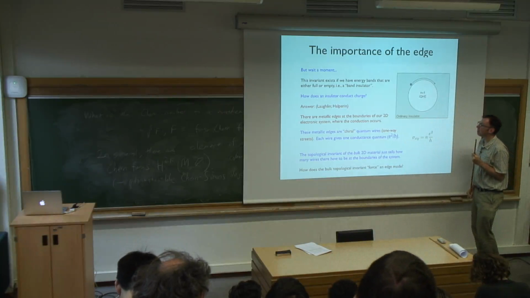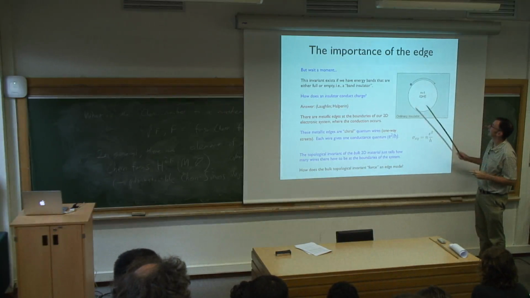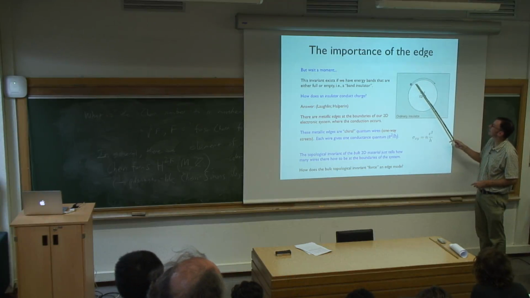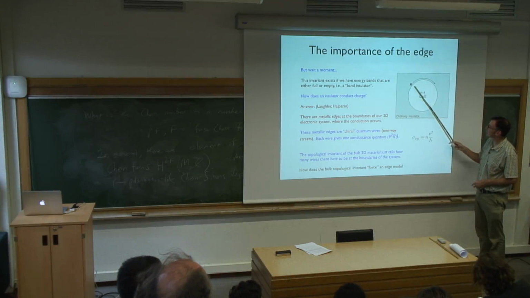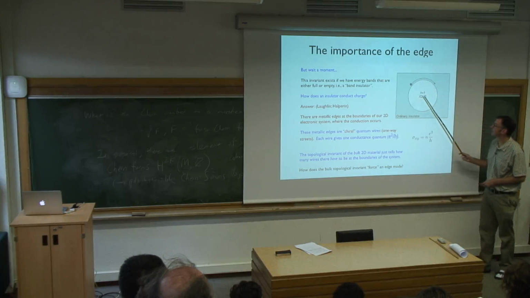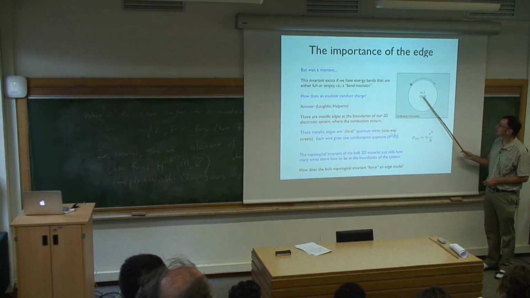There's an argument of Laughlin that I would like to go through when I have a bit more time, saying that what distinguishes the quantum Hall state from an ordinary insulator is that there's a so-called anomaly. There have to be gapless degrees of freedom. And to be precise, there have to be chiral degrees of freedom such that the number of right movers minus the number of left movers is an integer, which tells me which quantum Hall state I'm in. In the simplest case, I don't have any left movers, say.